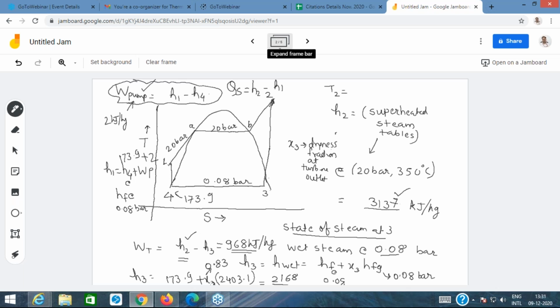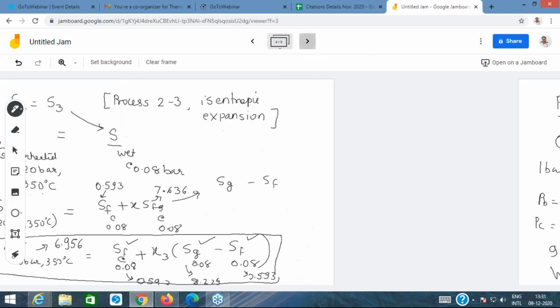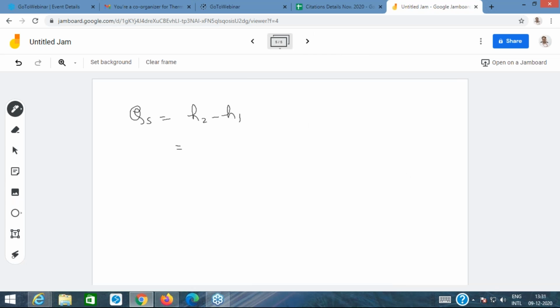So this gives you around 2961 kilojoules per kg as the heat supply.